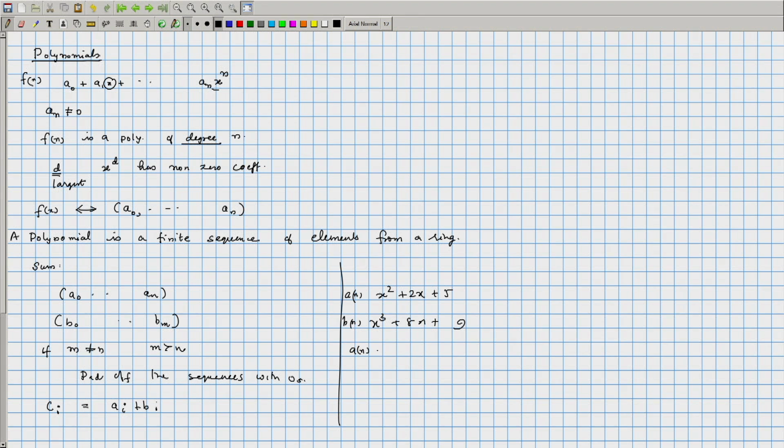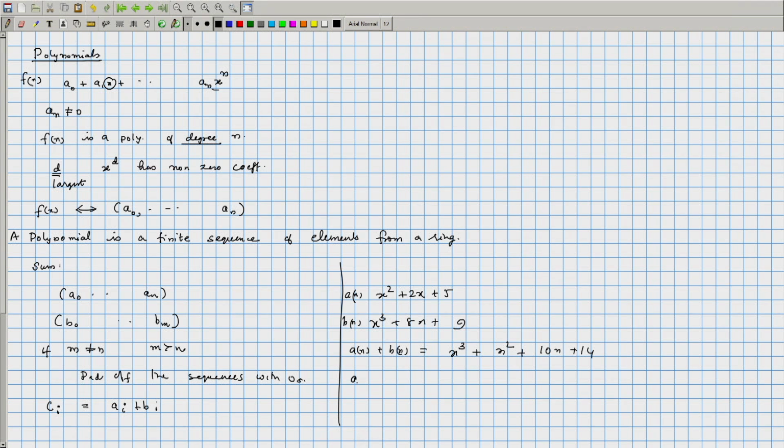So, a(x) plus b(x) would be x cube plus x square plus 10x plus 14. Here we were looking at these coefficients, and the addition of these coefficients was happening in the ring. 8 plus 2 gave us 10, 9 plus 5 we got 14, because we assumed that these numbers were from the ring of integers.